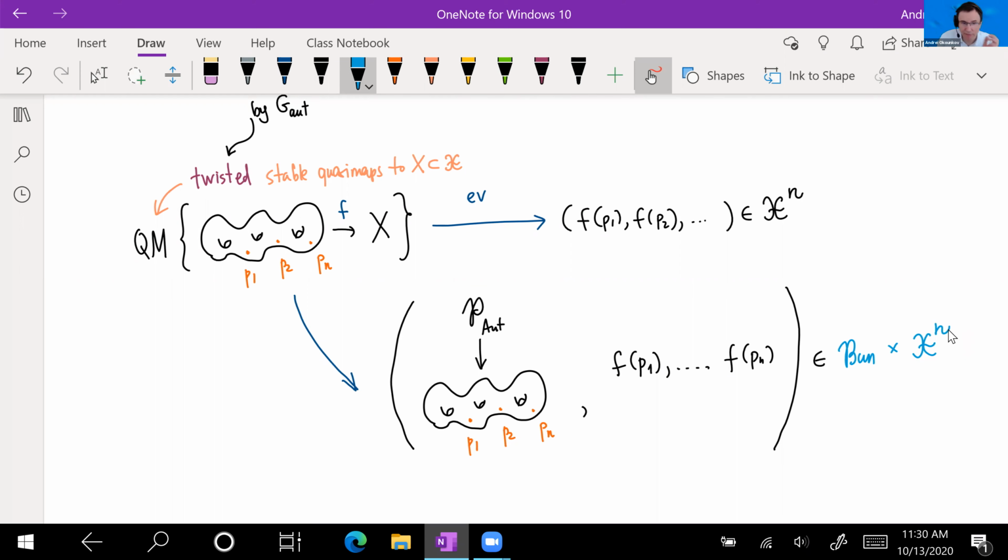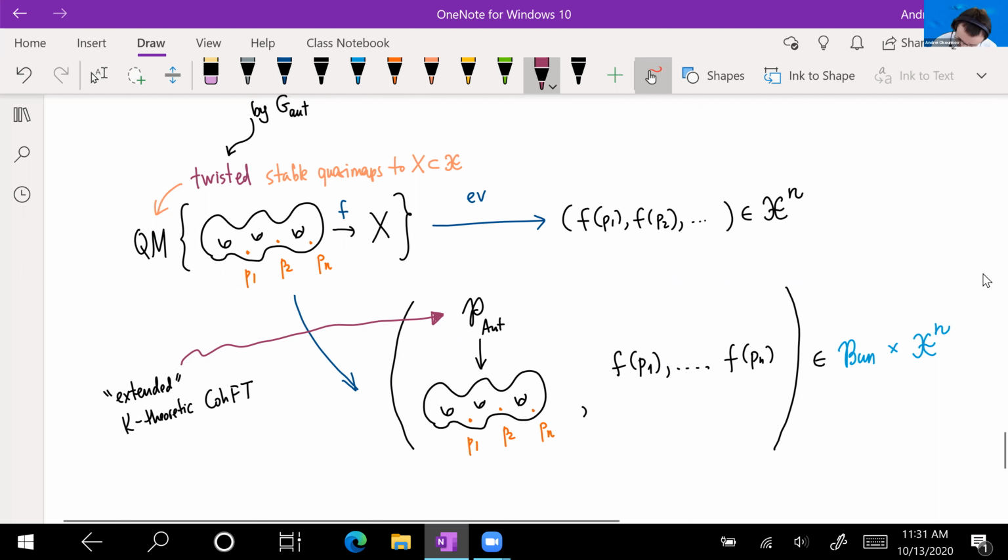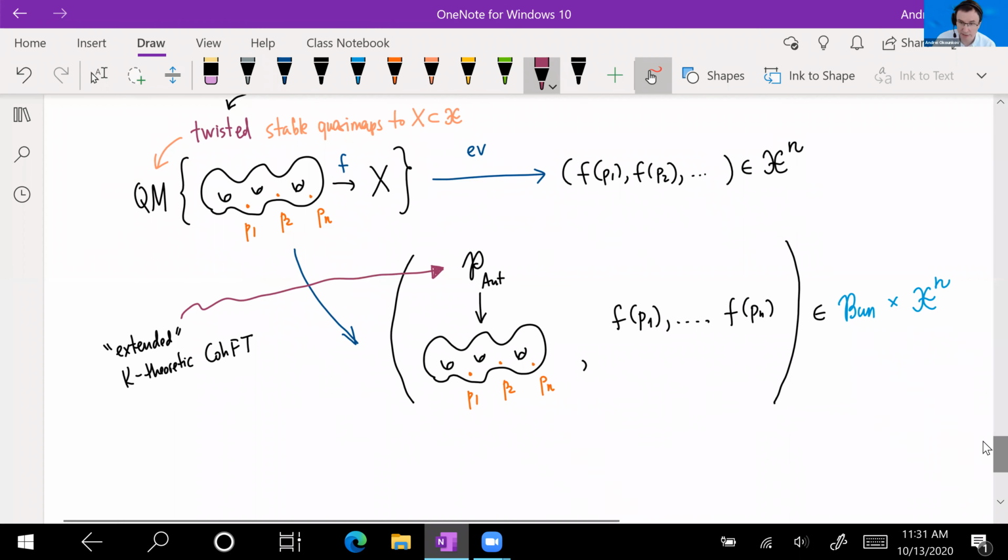We would like it to be something people call extended K-theoretic homological field theory. Extended means we have the data of the twist, and the homological field theory thing corresponds to what this collection of tensors should do when I take my curve and degenerate it.